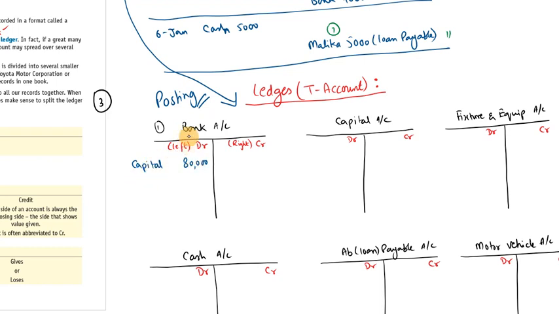What does it mean? From T account we can make double entry. So if we write debit side of a bank, it means bank is debit against capital. So if bank is debit, it means capital is credit. So in the capital account we will record 80,000 again against the bank. So bank debit 80,000, capital credit 80,000 against the bank.